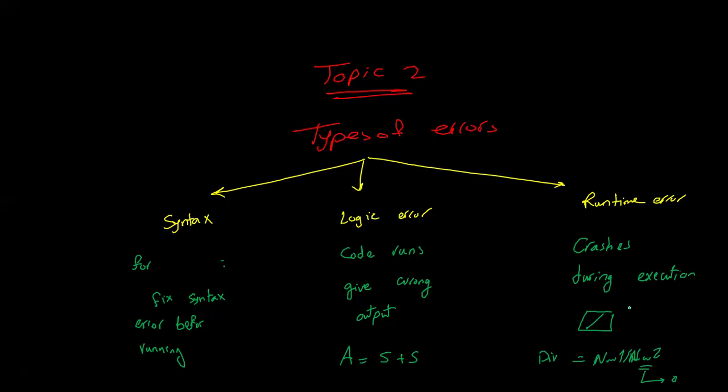In code, it's not wrong, because if you want to divide two numbers you use the first number divided by the second number. So it is correct, but it may cause a crash during execution if someone inputs 0 as the second number. So we have different types of errors which we can find in programming.